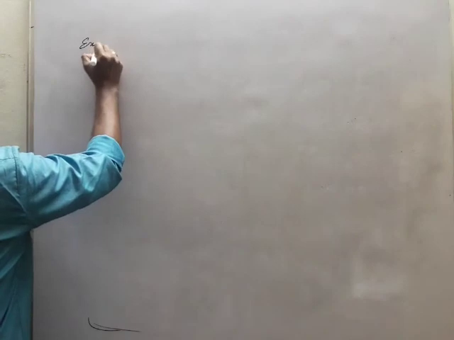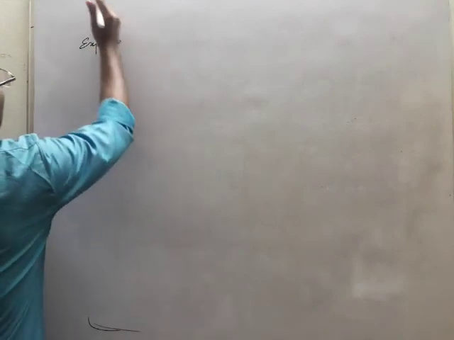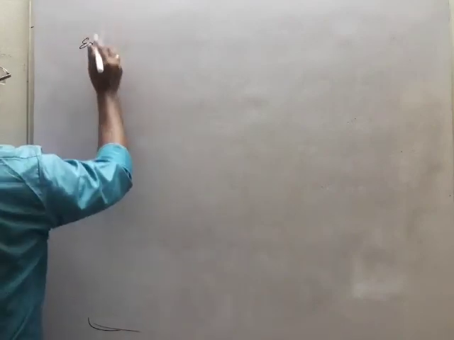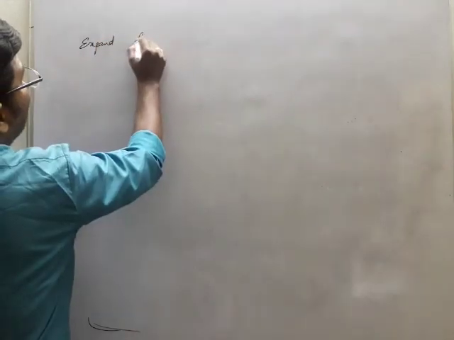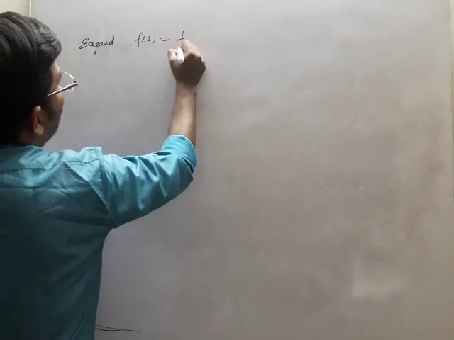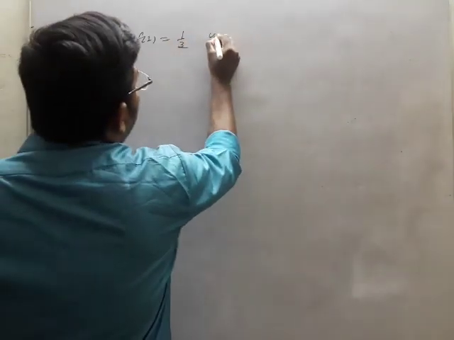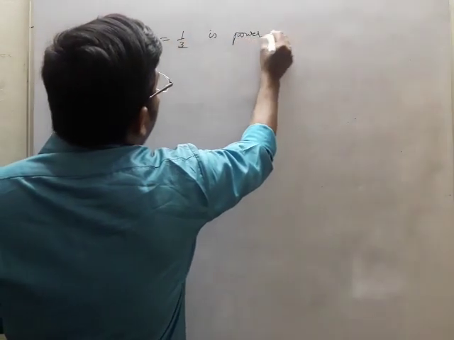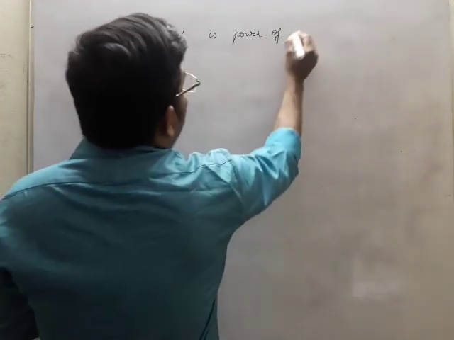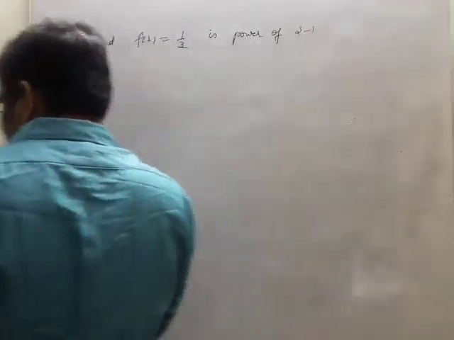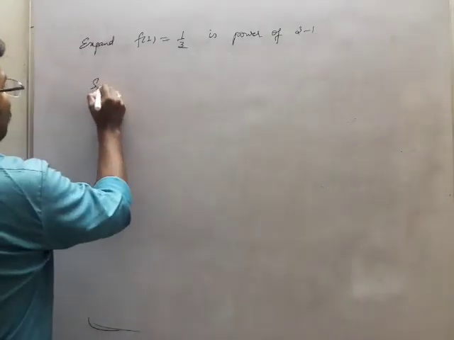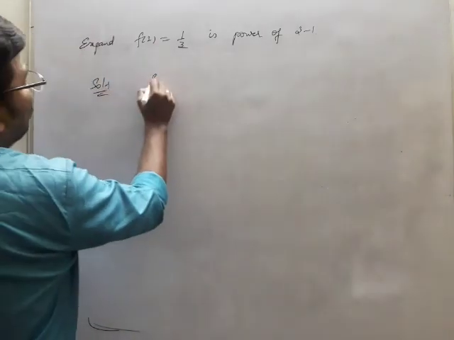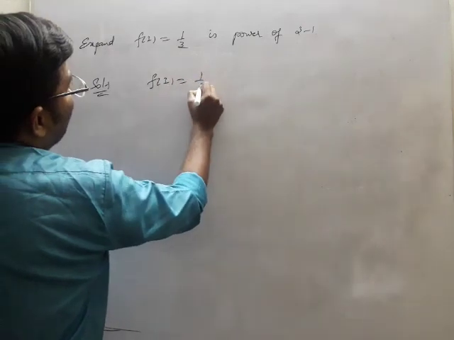Now there is another problem: try to expand f of z is equal to 1 by z, in powers of z minus 1. So what is given? f of z is equal to 1 by z.